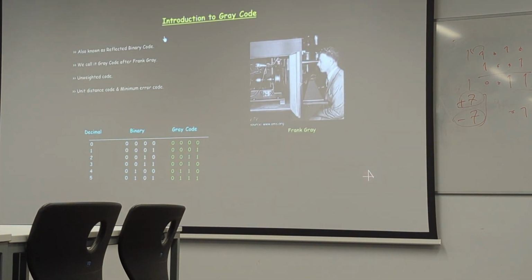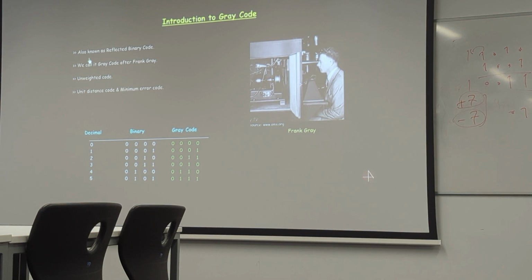In this lecture, I will introduce gray code. In the last presentation, we completed XS3 code edition, and the next type of code is gray code. What is gray code? What are its properties, and why do we call it gray code? We are going to cover in this lecture. Gray code is also known as reflected binary code, in short RBC, reflected binary code.